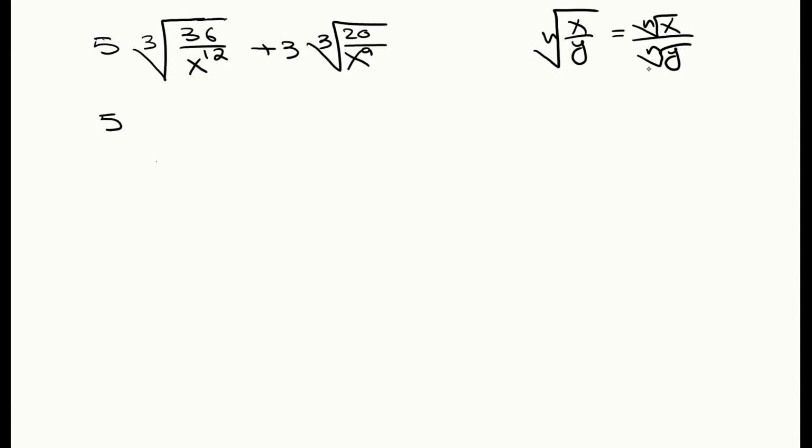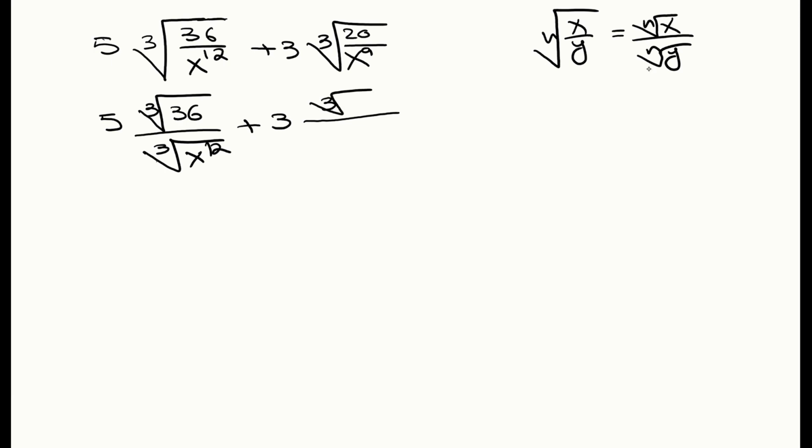So we get 5 times the cube root of 36 over the cube root of x to the 12 plus 3 times the cube root of 20 over the cube root of x to the 9.